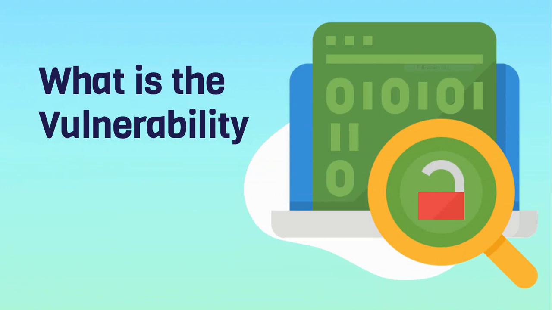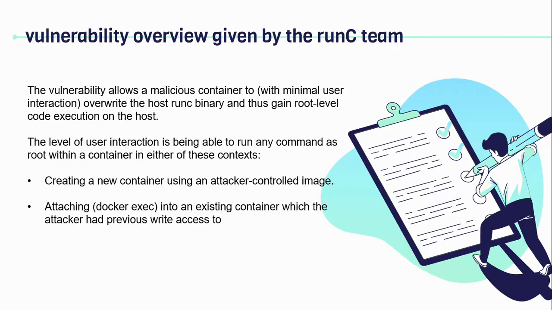This is the vulnerability overview given by the runC team. It specifies that the vulnerability allows a malicious container to, with minimal user interaction, overwrite the host runC binary and thus gain root-level code execution on the host in two scenarios: either creating a new container using an attacker-controlled image, or attaching docker exec into an existing container which the attacker had previous write access to.